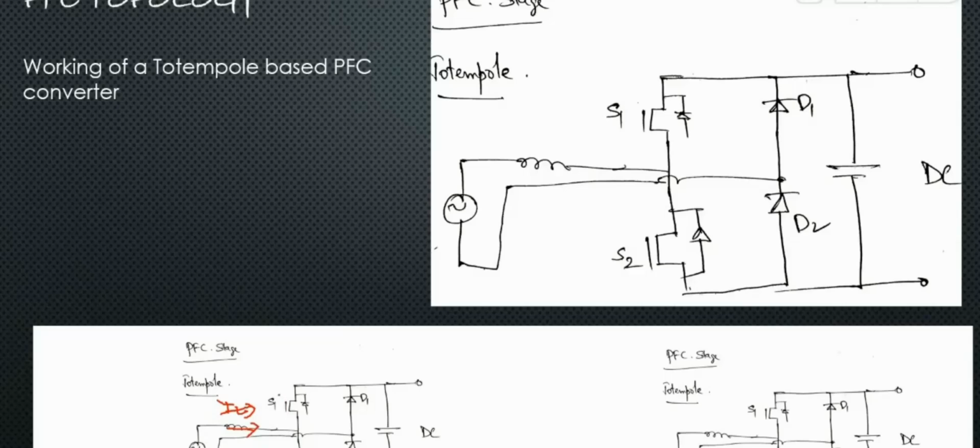When we switch S2 and S1, there is a certain way in which the MOSFETs are switched. For example, S2 typically gets, let's say, a duty of T, then S1 gets exactly the opposite, so 1 minus T.